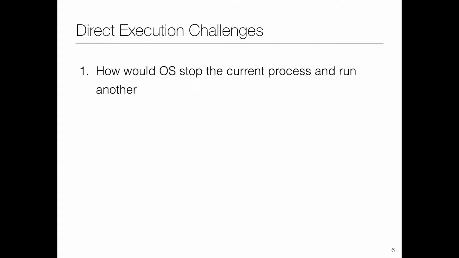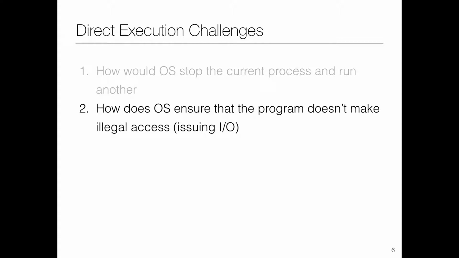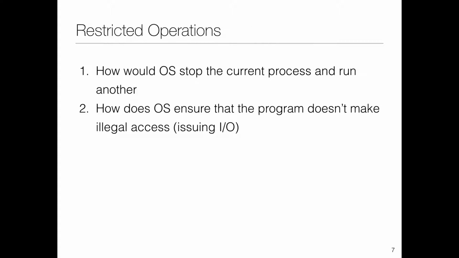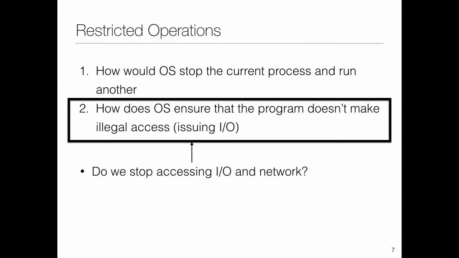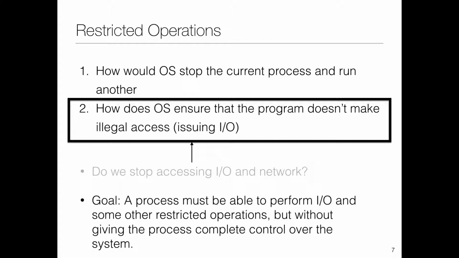So how would the OS stop the current process and run another process? How does the OS ensure that the program doesn't make any illegal access? We also said that one way to handle this could be to stop all network and I/O access, but that doesn't happen. So there's clearly a way in which we can mitigate this problem.